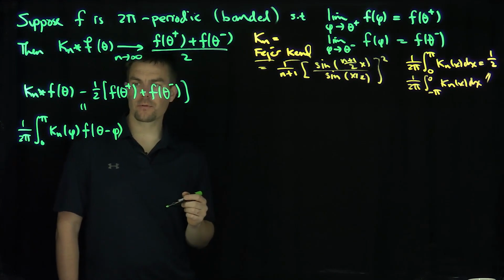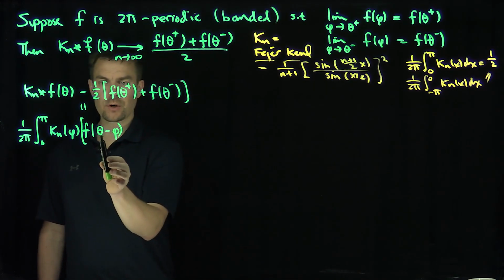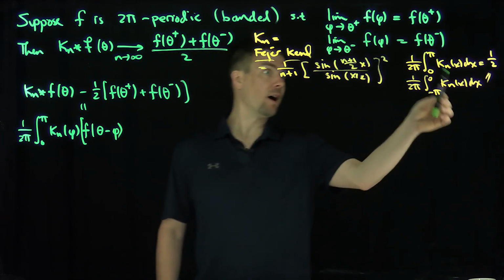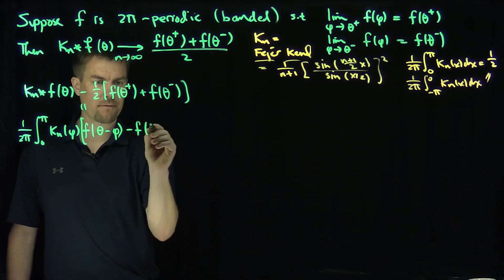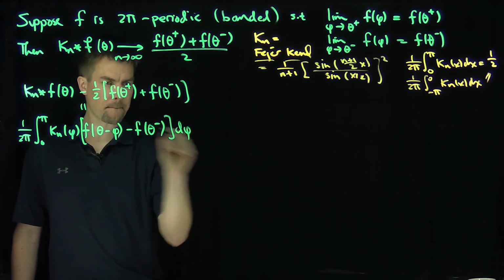And then on this interval, we're going to be able to subtract off what? These correspond to values of phi where, when phi is negative, you're going from the left. So I'm going to subtract off the left endpoint: minus f of theta minus, d phi.